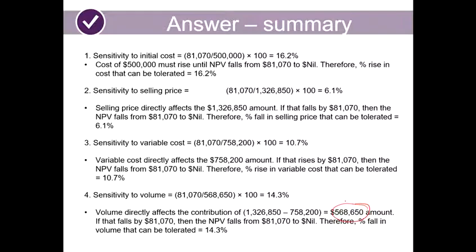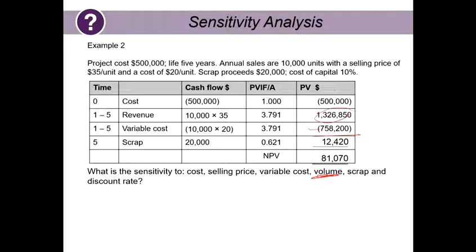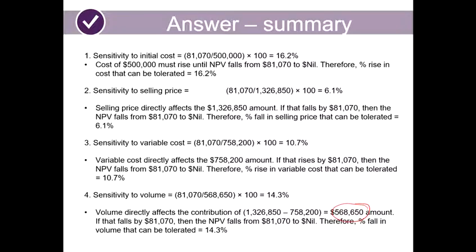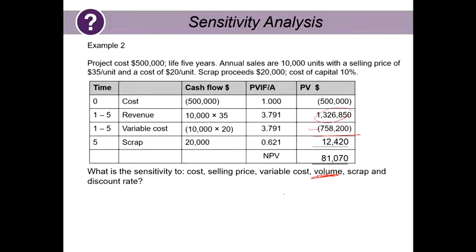Okay, so barulah you boleh ambil NPV bagikan dengan PV of the volume, iaitu 568,650. So you akan dapat 14.3. And then soalan pun dia minta untuk discount rate. Kalau dia minta discount rate ni, maksudnya you kena buat yang IRR tu, try and error. Since NPV kita dah dapat positif, so you kena buat untuk dapatkan NPV negatif, dan you boleh guna formula IRR.